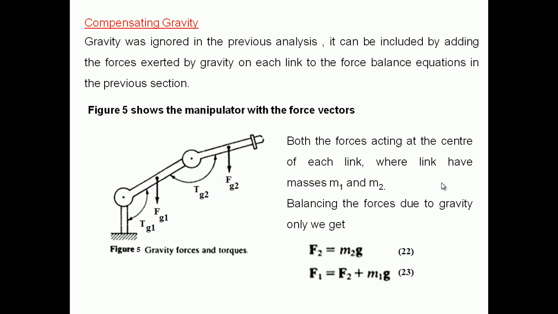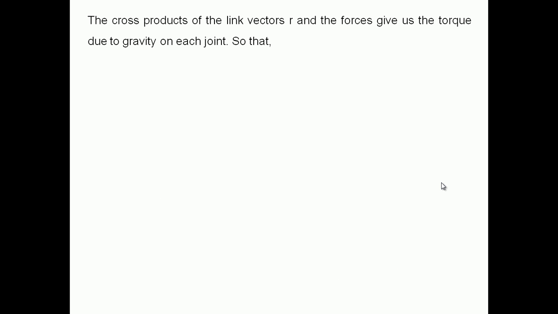See this one you know that. Link 1 should be bulky, I always say when I am explaining serial manipulators. This is the reason behind that, because link 1 should be able to carry the load of link 2. So the cross products of the link vectors R and the forces give us the torque due to gravity on each joint, as before.